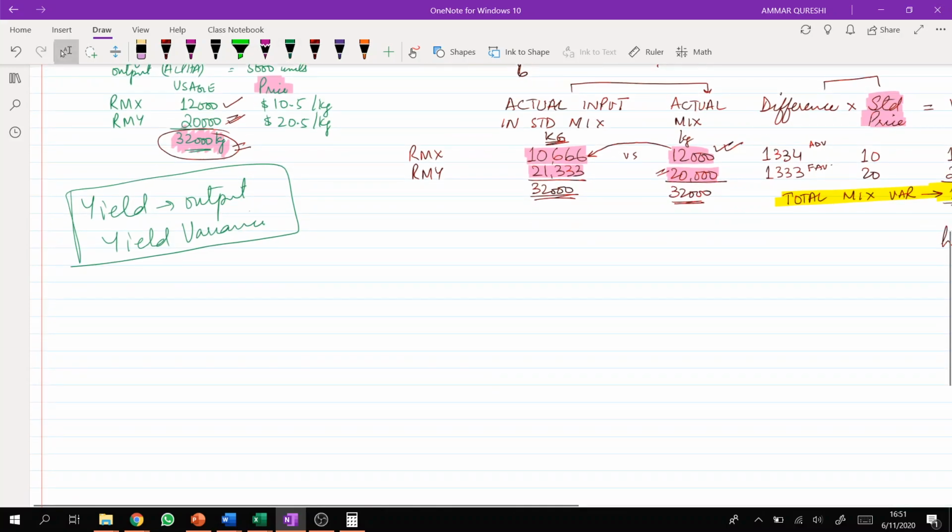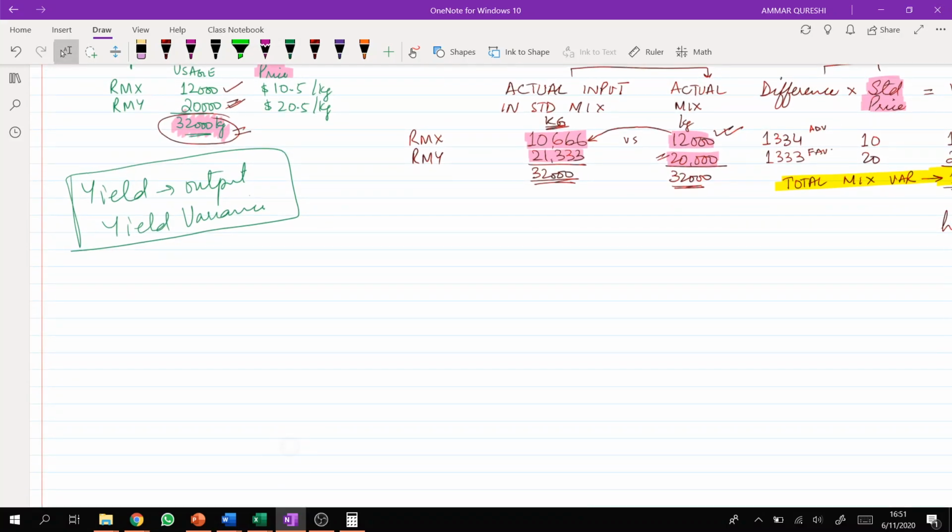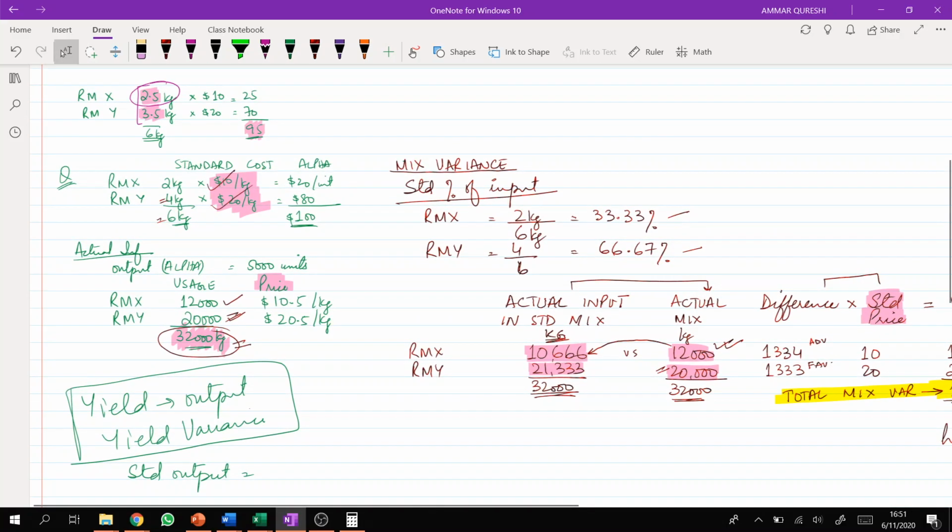First of all, you have to check what should be the standard output. Standard output means what? One unit of alpha requires 6 kilograms of raw material, and we made an input of 32,000 kilograms.